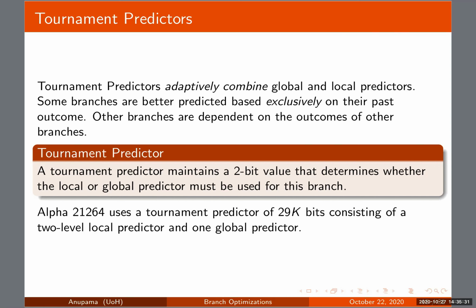I'll send the actual description of the Alpha 21264 processor tournament predictor to Bansi to share with all of you, because if you try to calculate the number of bits used by the processor as per the 5th edition, you will never get to the value of 29K.